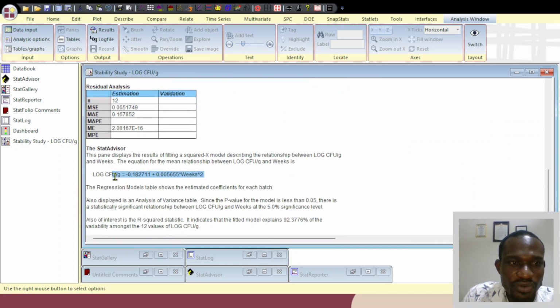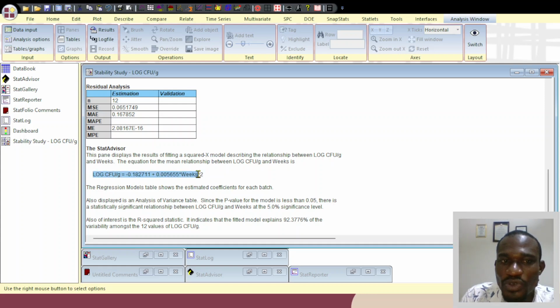Log CFU per gram, which is actually the y-axis, is equal to this times the weeks squared. Because remember that we changed the model from a linear graph, which is normally y is equal to mx plus c, to y is equal to mx squared plus c. We have squared the x-axis. So now that's why we have it this way.